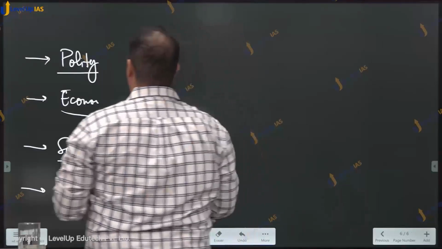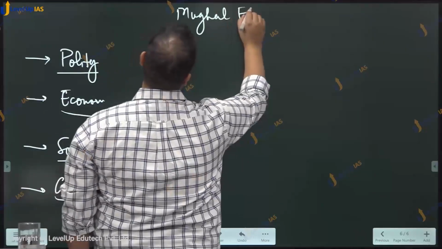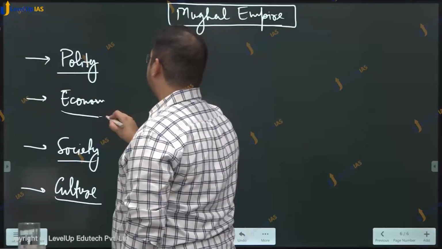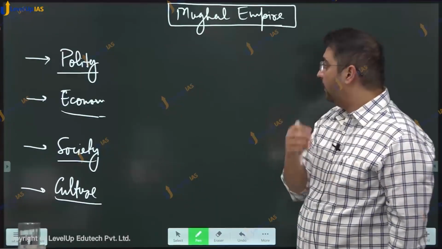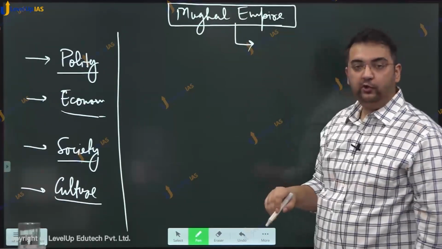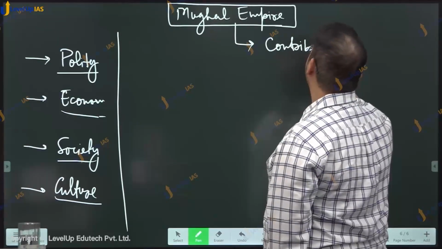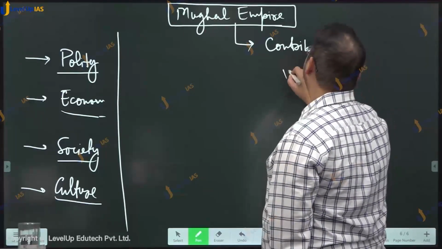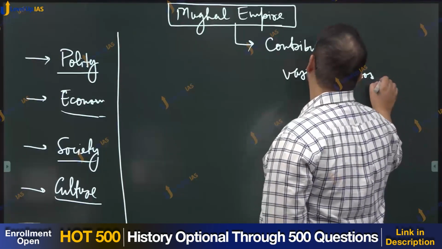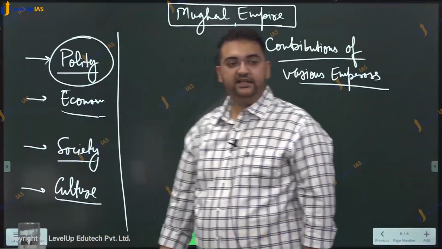the Mughal Empire. In which, while we are going to follow this pattern, our focus is going to be primarily on the contributions of various emperors, especially when we are talking about the political change, right?